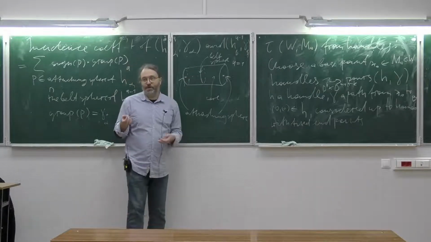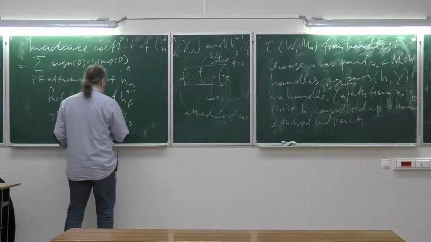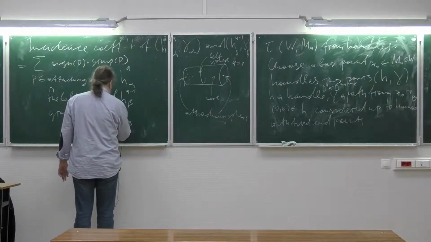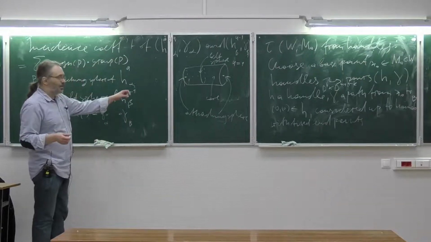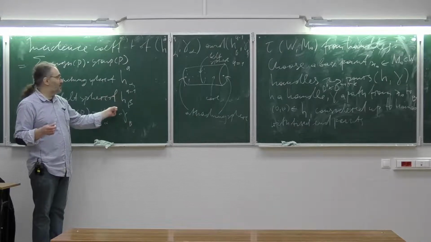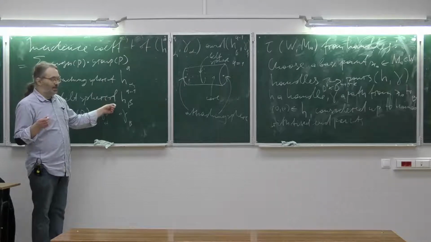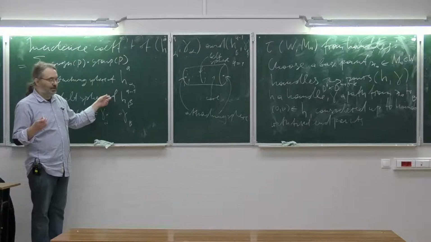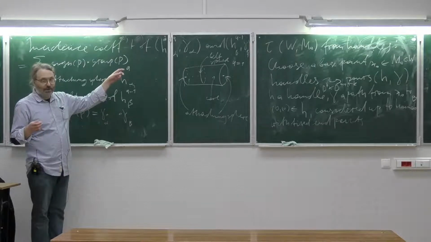And this point is inside the higher index handle as well. So we can construct a path from the intersection point to the center of the other handle, H q alpha.